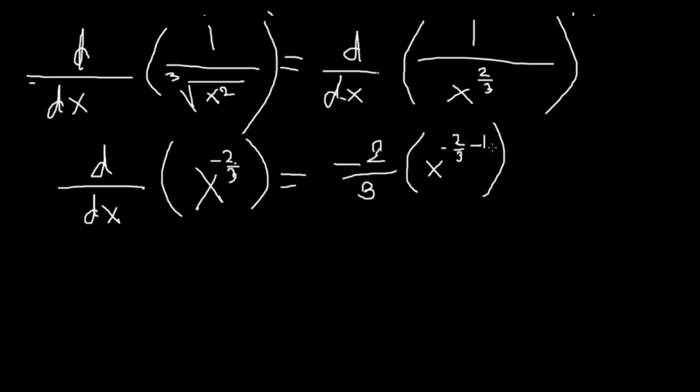Negative 2 minus 3 is negative 5. So this is negative 2/3 times x to the negative 5 over 3. Since it's a negative exponent, we can bring it down. Write it in non-exponential form.